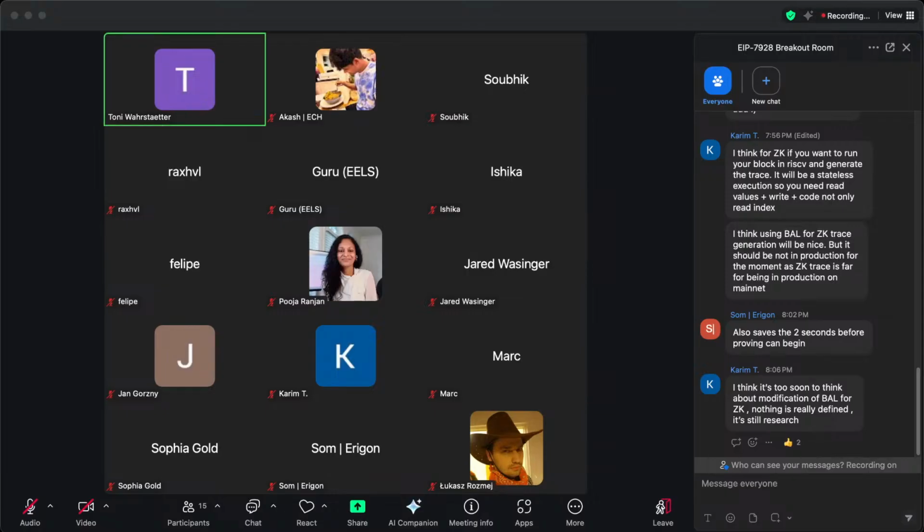Maybe just to add, I was also discussing, because the block level access list is now in RLP and not in SSZ anymore, we cannot prove anything against it. And it would have been kind of handy for pre-confirmers.